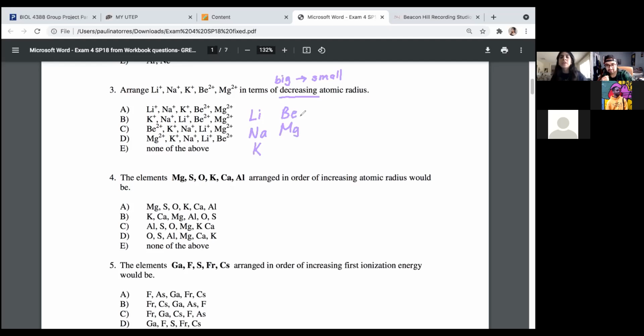All of these are ions, but this is their general orientation on the periodic table, right? So how do we start? What's the difference between the regular atoms and the ion version of these atoms?